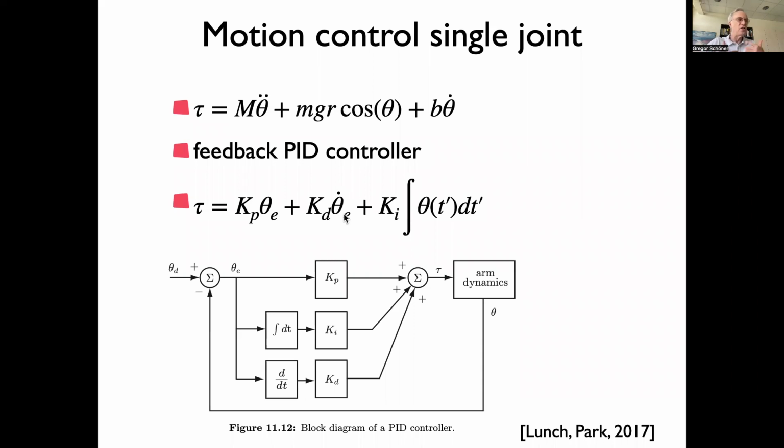So in a way, it anticipates how the error will develop. And so a PD controller is better than just a P controller. A P controller will always lag behind, because the error has already happened, and then you're counteracting it. And so you can see you're always lagging behind. The system will always be a little bit discrepant. And so that's this bottom term.